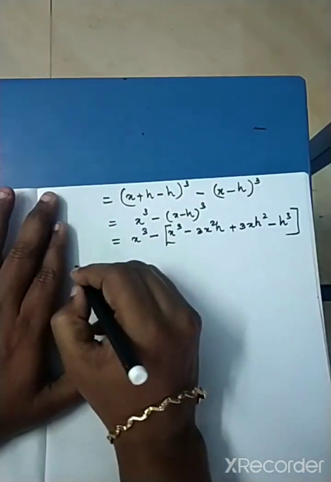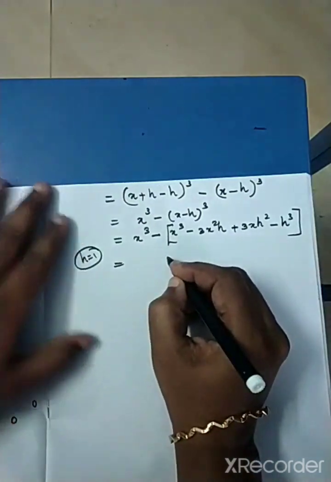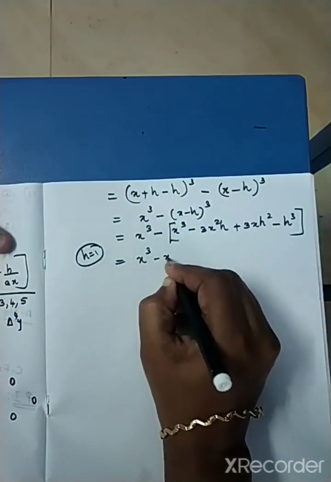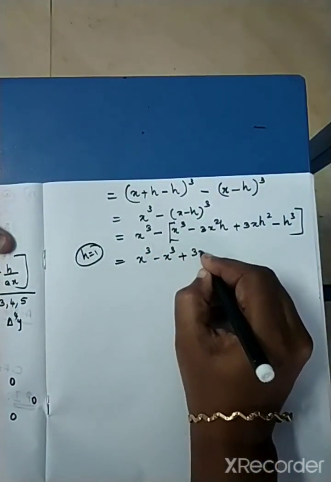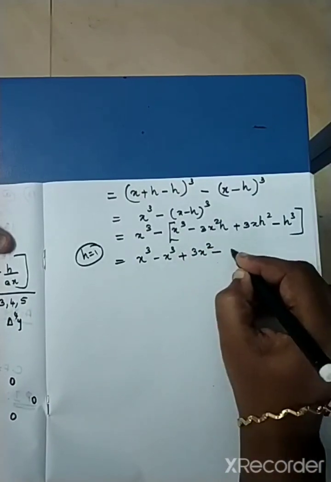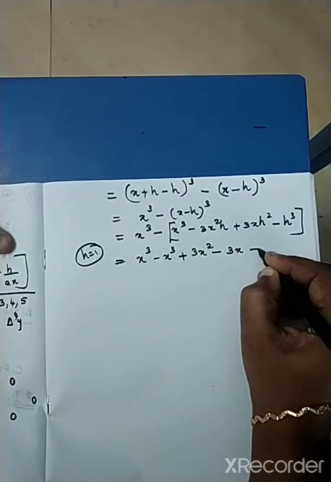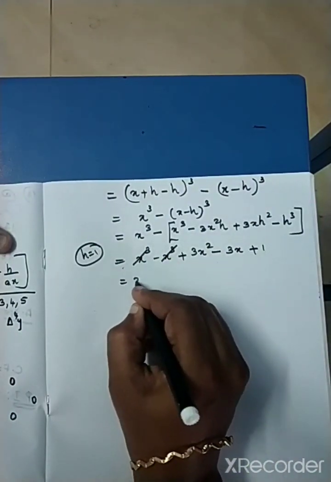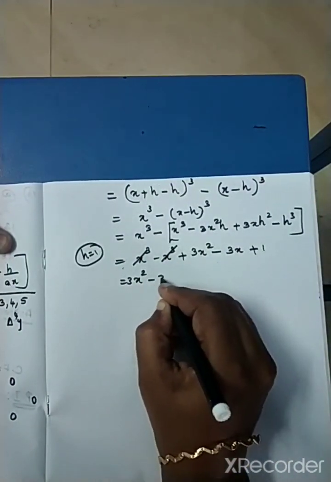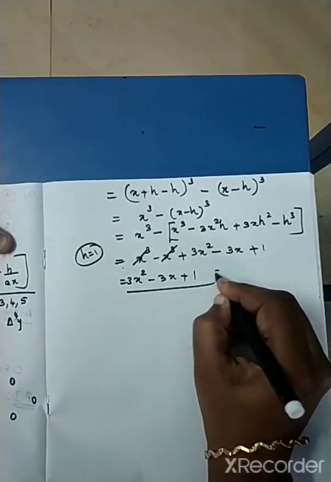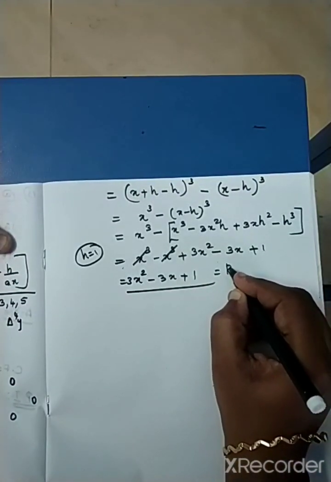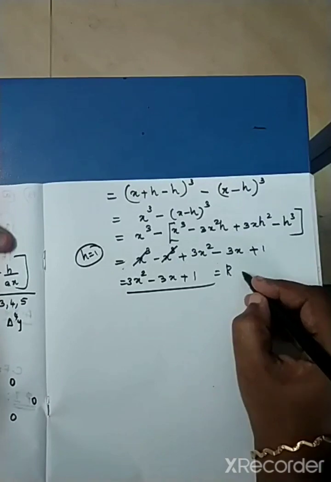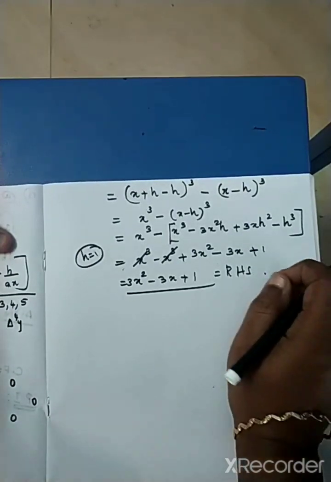Now what will happen when I substitute h is equal to 1, because they have given, it will become, I am taking this minus inside. This x cube will cancel. You will get 3x squared minus 3x plus 1, which is equal to what they have asked, your right hand side.